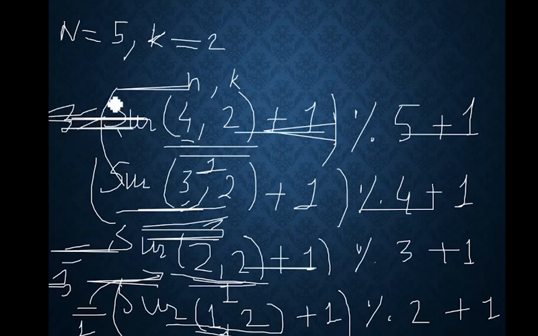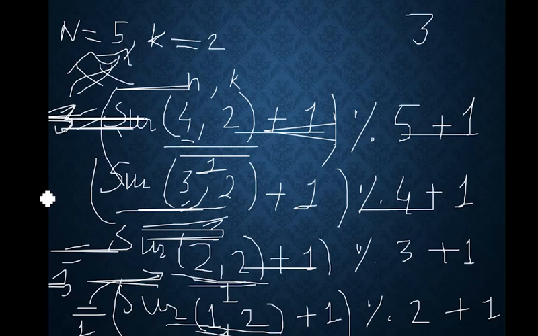And 3 will be survive of 5, 2. So n value is 5 and k value is 2. So our answer is 3 when n value is 5 and k value is 2. If there are 5 persons standing in a circle and we have to kill every second person, then the output will be 3. 3 will survive in the last.